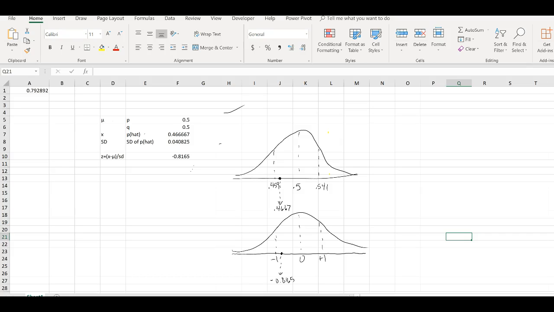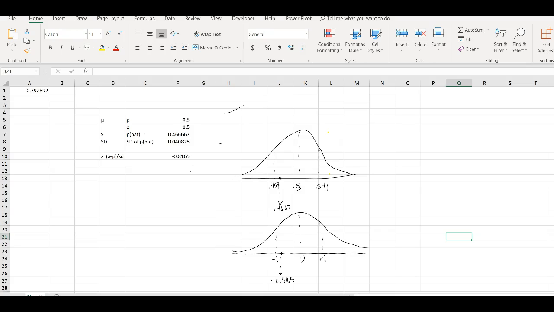I created the z-score for this information. You got a z-score right over here. So look over here, and what I did was I created a normal distribution with the variables that you've included. So you have an average of 0.5, so I put 0.5 right here, right? And then you've got a standard deviation of 0.04.